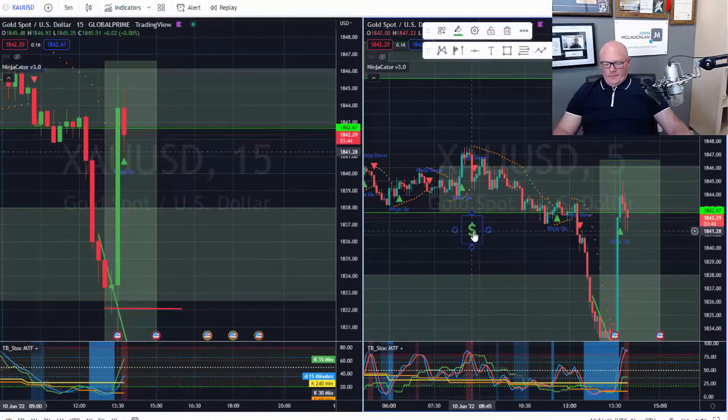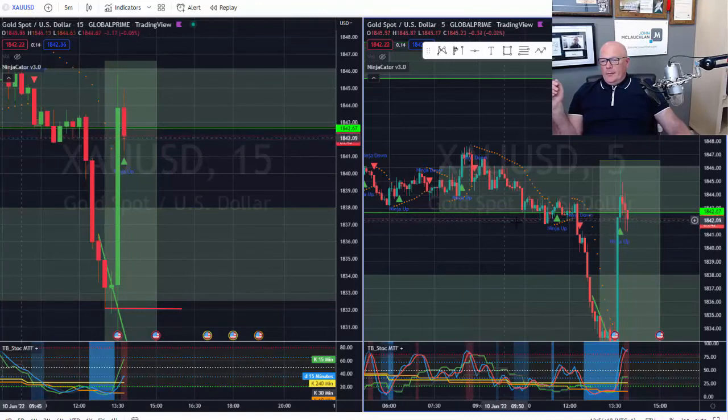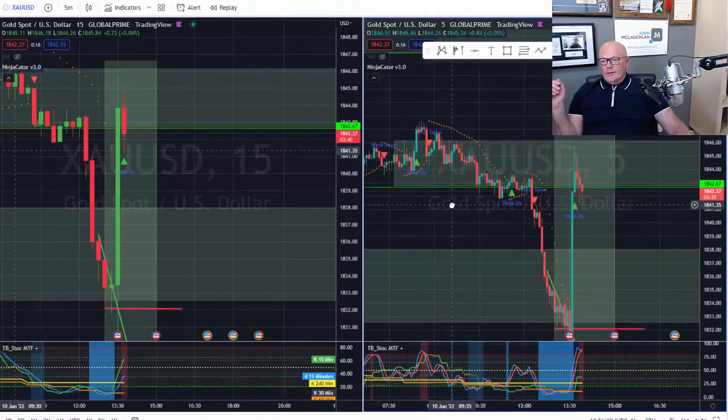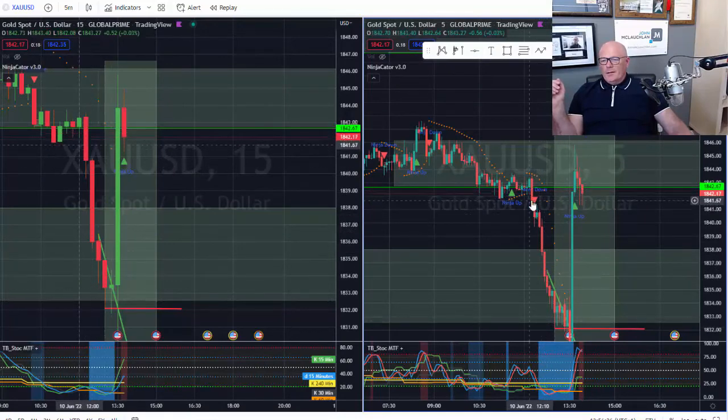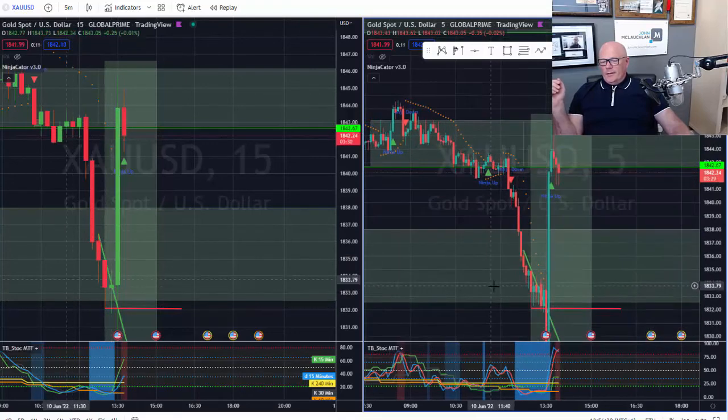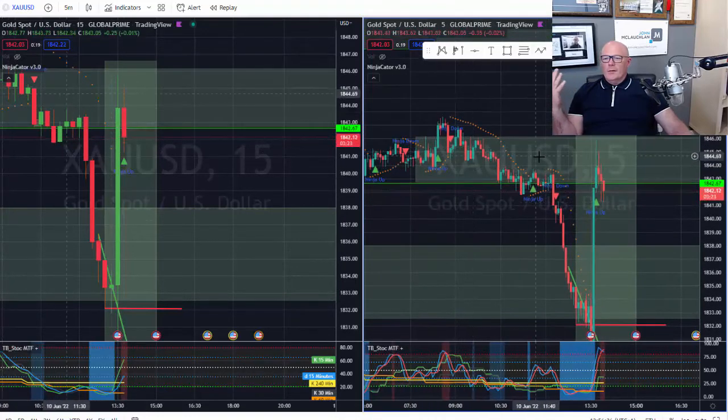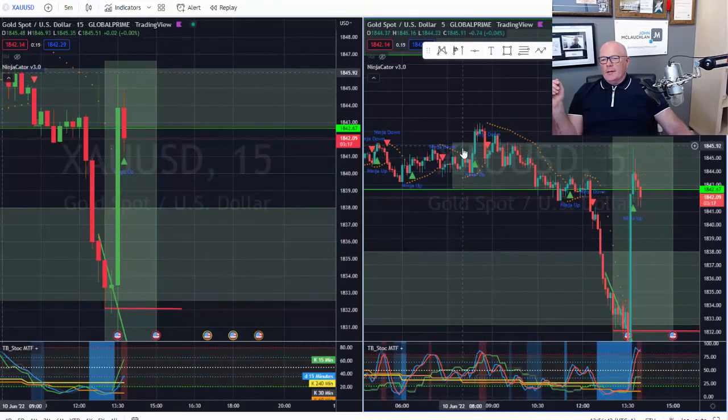Thanks, mate. And now the banks can fulfill their orders by pushing the price all the way down or in the direction that they want to. So they've pushed the price all the way down. The price then gets forced back up. So the banks can liquidate and profit from moves like this, by taking out people like the retail traders, people like us.